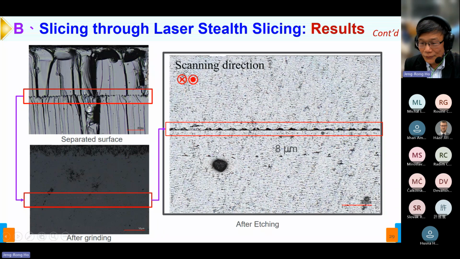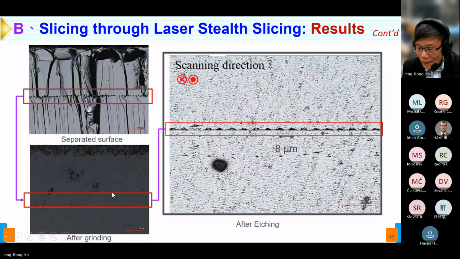To observe the modification layer more clearly, we grind and polish the surface. So we can see very bright areas. These are the laser slice marks.